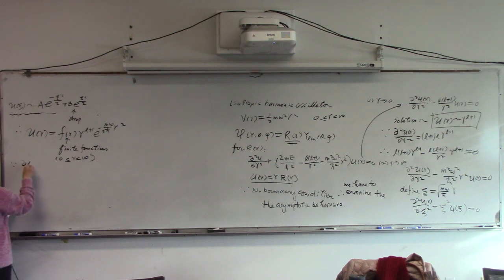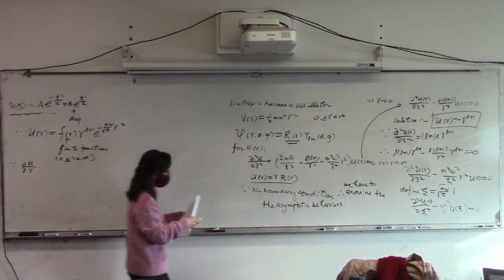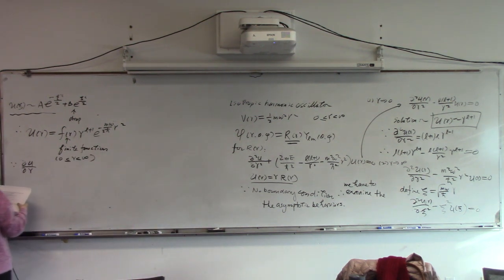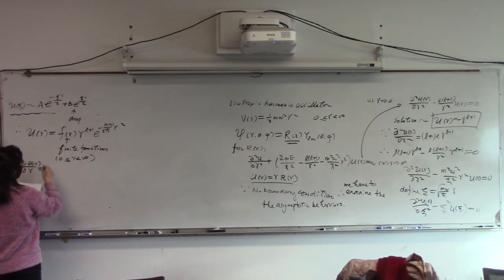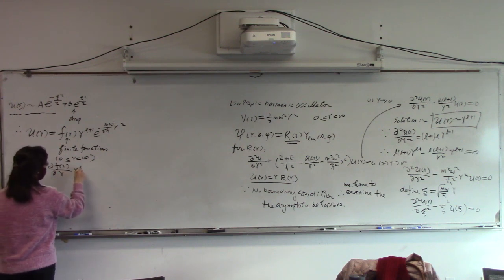Okay, so now let's look at this one. First order, since we are going to find the second order, right? So let's do the first order, partial u, partial r. Now we have three terms, so we do them one by one. First, partial f(r), partial r, and keep these two terms the same.